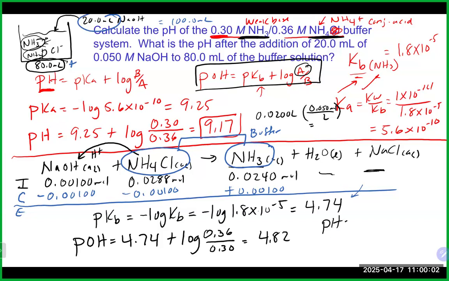The pH in this case would then be 14 minus 4.82, which would get you just slightly off 9.18, but basically the same answer, depending on rounding a little bit. So that is how you could use that other equation if you chose to, but obviously you could just go right into the pH equation too.